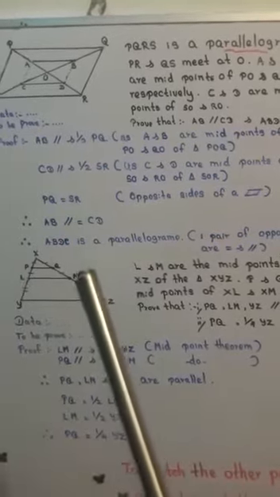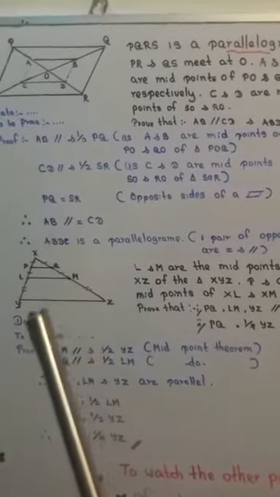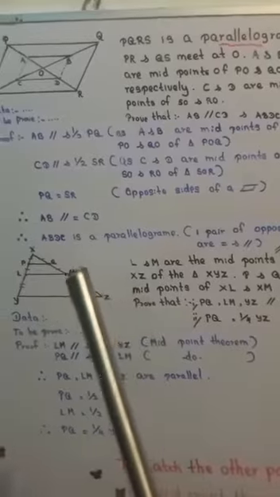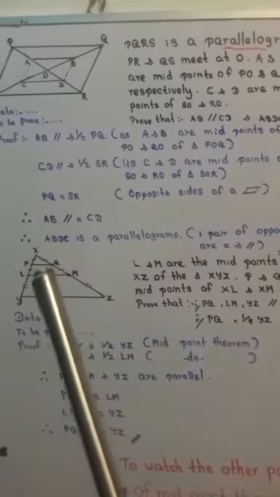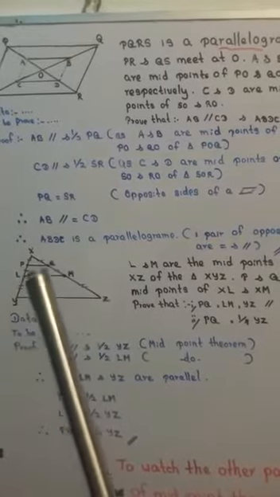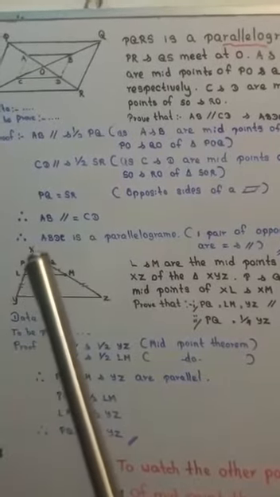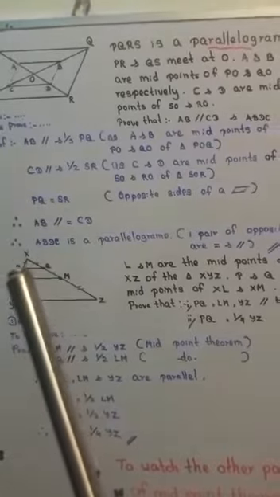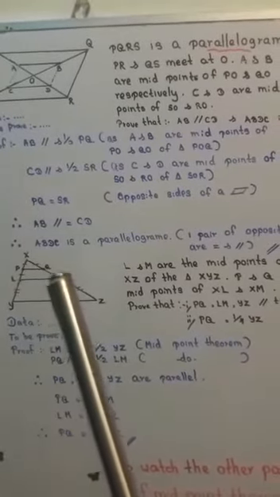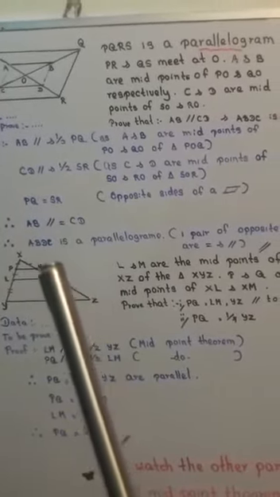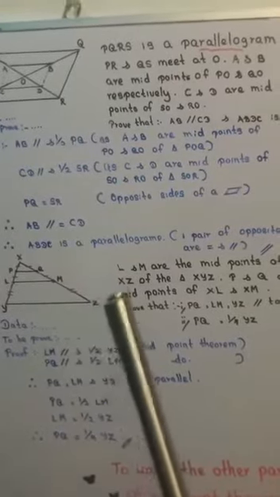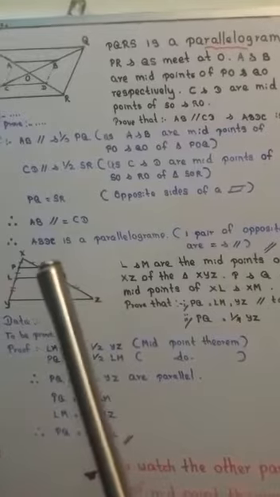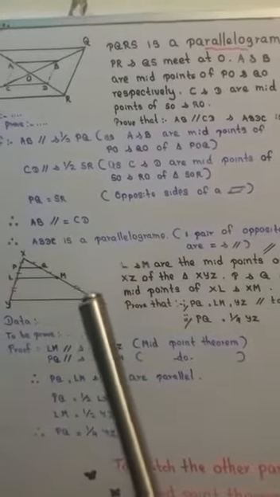L and M are midpoints of XY and XZ respectively. So XL and LY are equal. We can give same signs. And also XM and MZ are equal because M is the midpoint of XZ. We can give same signs to these two also.